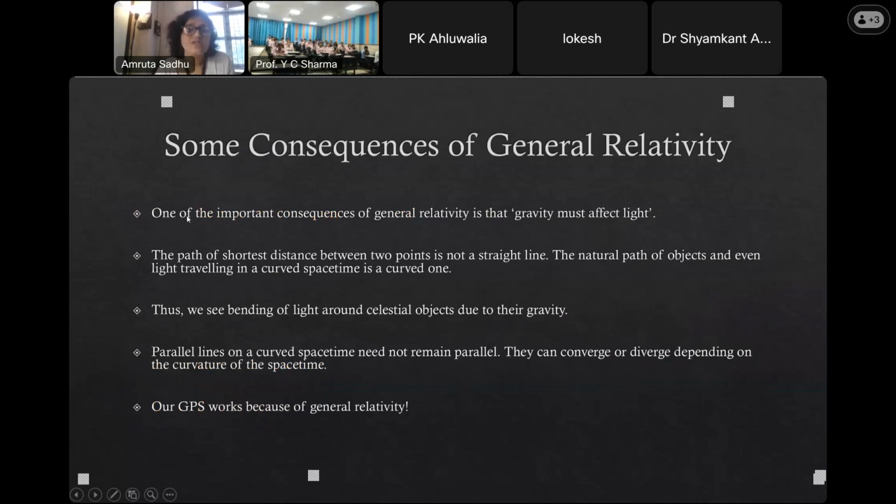Now, there are some consequences to general relativity. One of the most important consequences is that gravity must affect light.